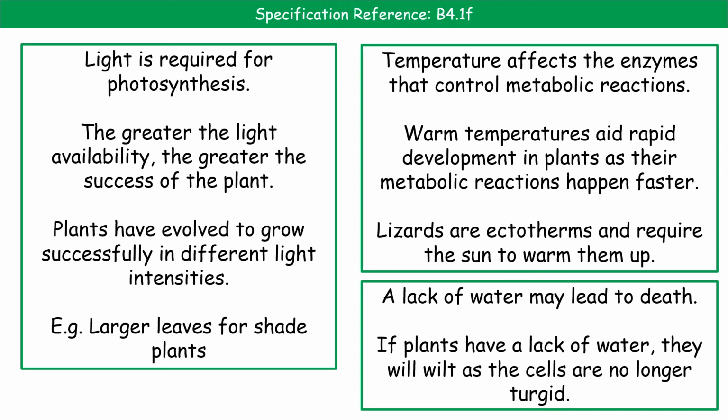Second factor, temperature. The way that temperature affects things is because it affects the enzymes that control all of those different metabolic reactions. Now, if we have a warm temperature, then that's going to aid this rapid development because it's warm enough for the enzymes to have more frequent collisions, and therefore we're going to see faster metabolic reactions.